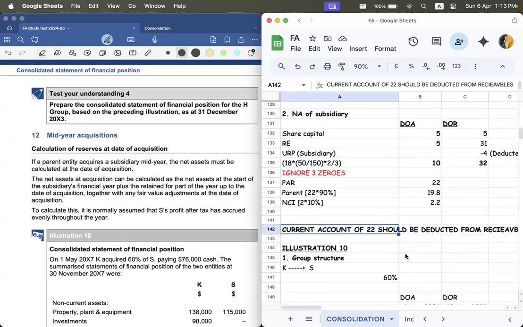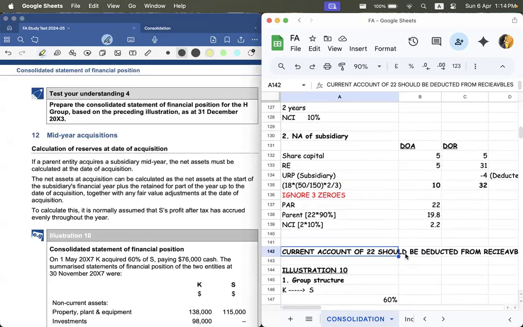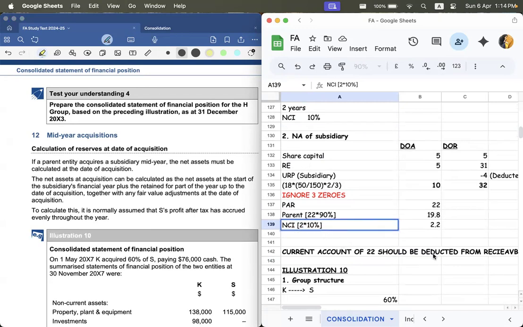Then the next working would be of goodwill, and then you have the fair value of NCI at DOR, and then you have the group retained earnings. Sorry, it's 22. Typing mistake. Okay?